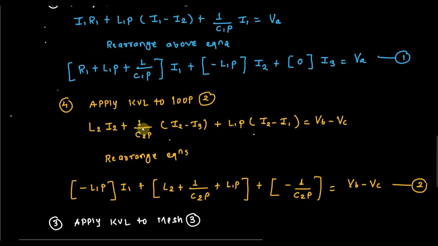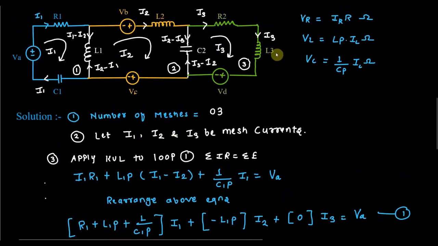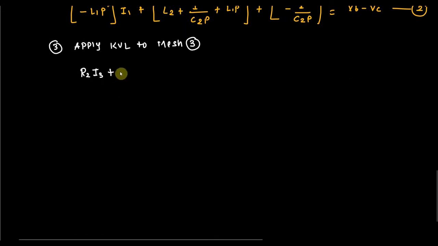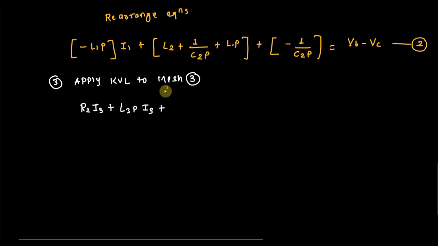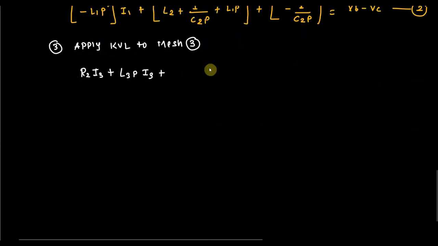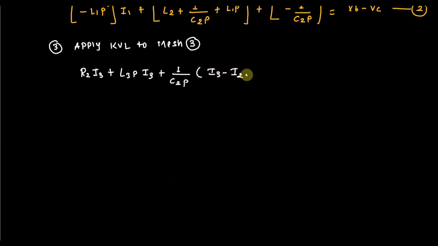The second term is L3P into I3. The third term is our capacitor C2: 1 upon C2P into I3 minus I2. So there are three elements and this should be equal to the voltage.